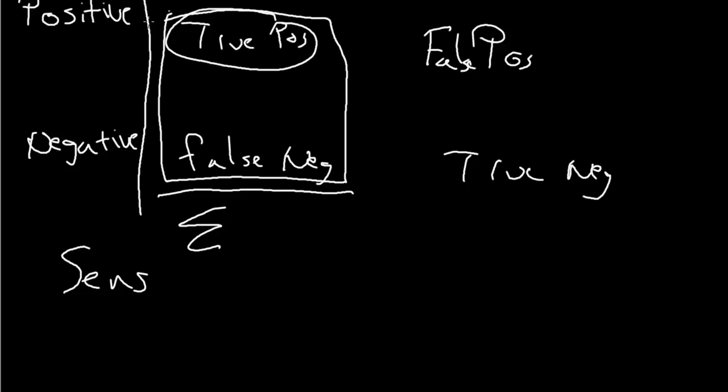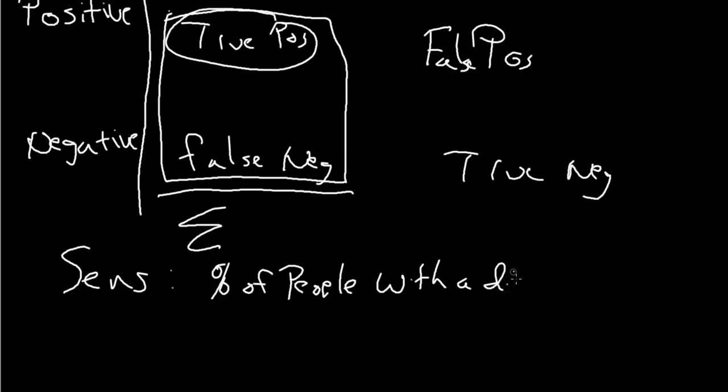Okay, what this really represents, and I think if I teach you anything about these statistics, I want you to understand what it represents. And this is the percent of people with a disease who will test positive.